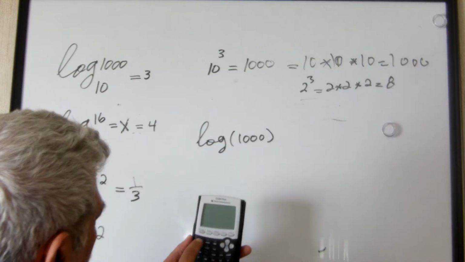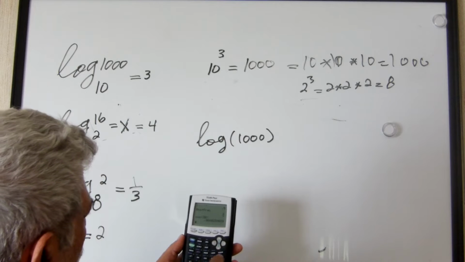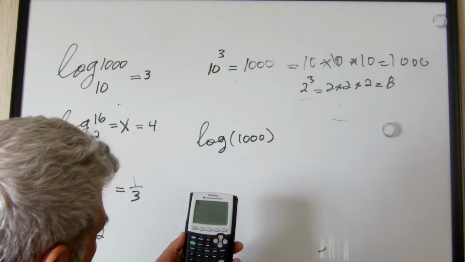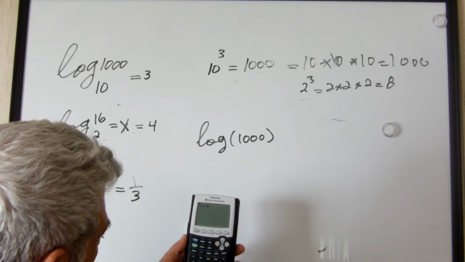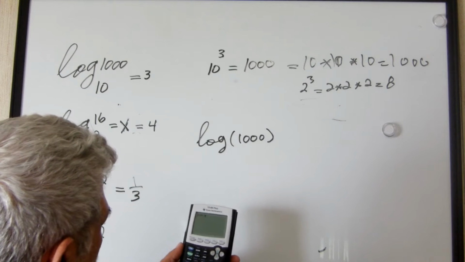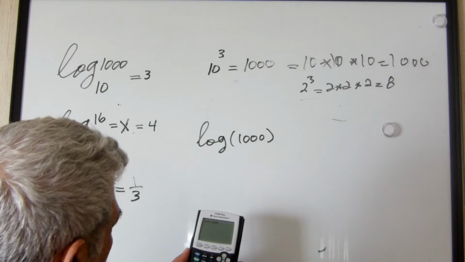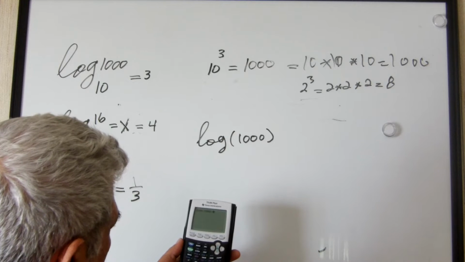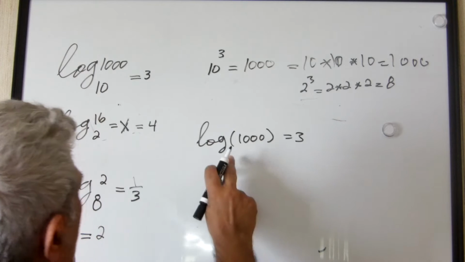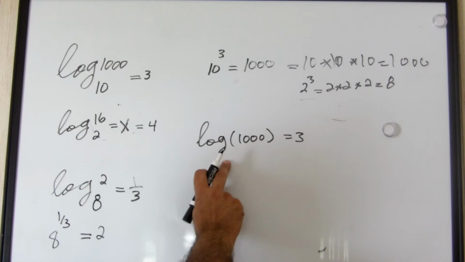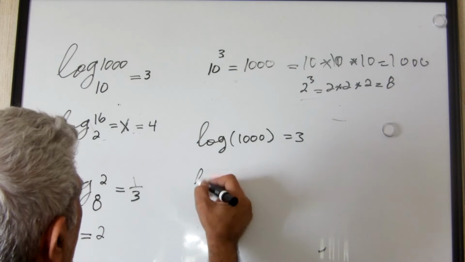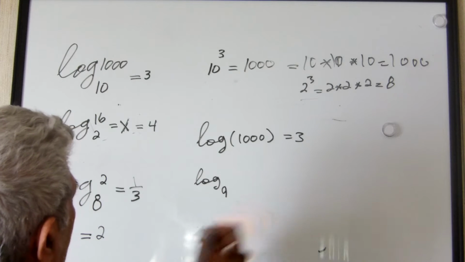We turn it on and then clear. We press the log key next to 7. This is the base 10. Say 1000. We close the parentheses and then it's 3. So actually the base is 10, and usually we don't write it. But other than that, if the base is 9, we write 9.